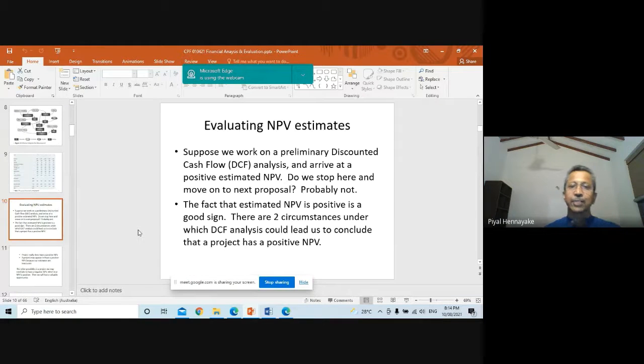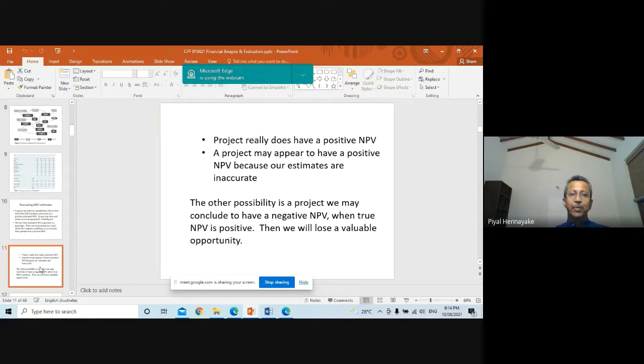So this is what I just explained to you. NPV can be positive if all our assumptions are okay. Because if we go ahead, then we can have a problem. So that is due to the forecasting risk.